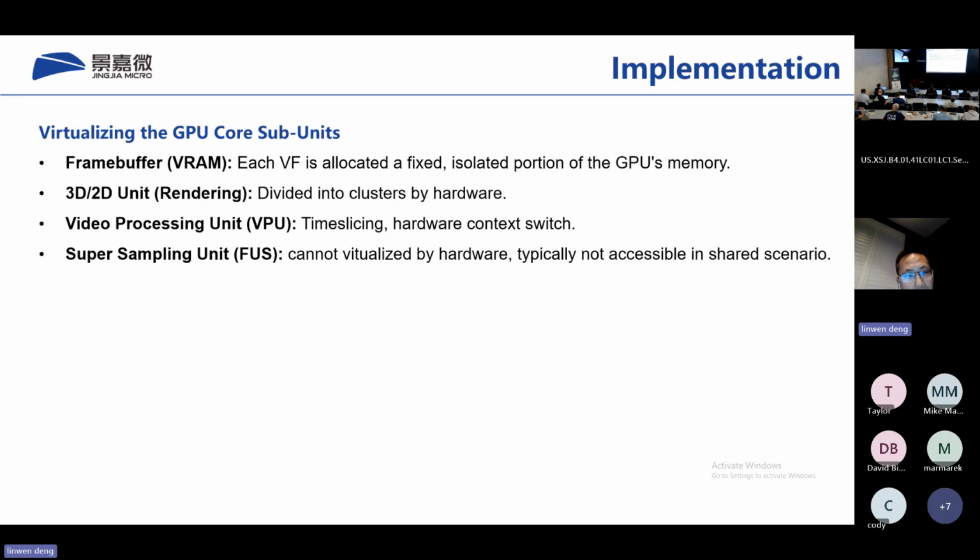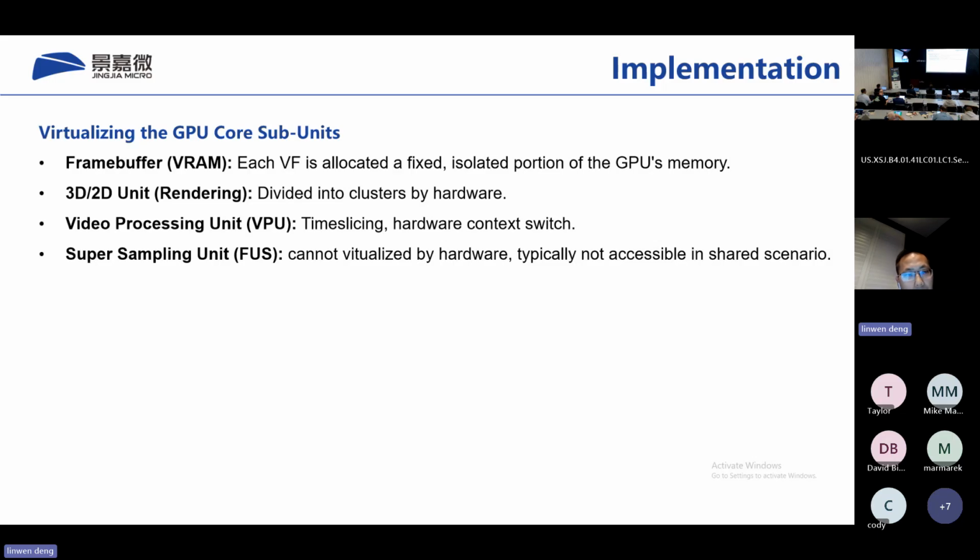First, the frame buffer. The frame buffer is the GPU's memory. When we share the GPU, each VM is assigned a dedicated portion of the on-chip DDR for its own frame buffer. This ensures that one virtual machine's display data is completely isolated and cannot be accessed by another.